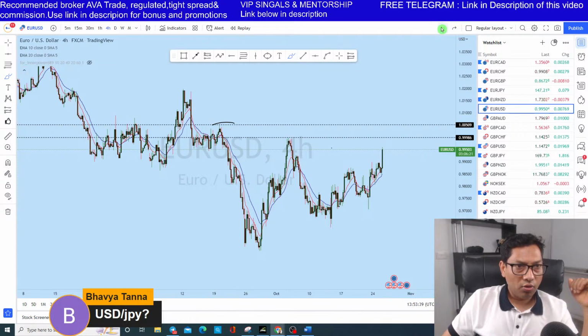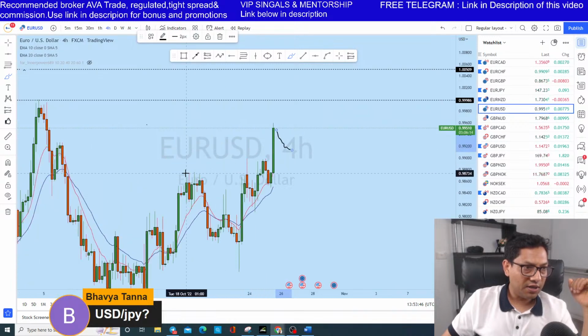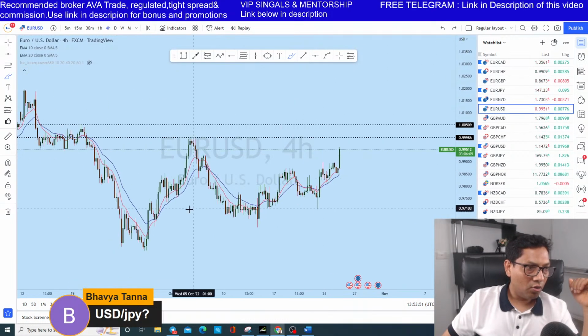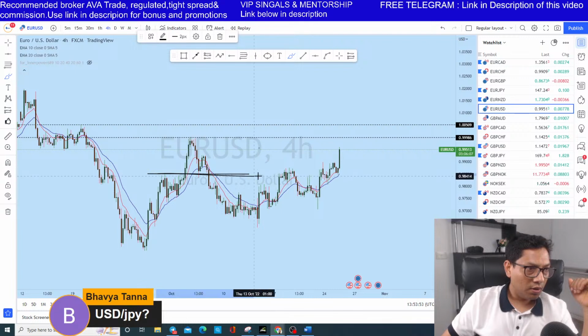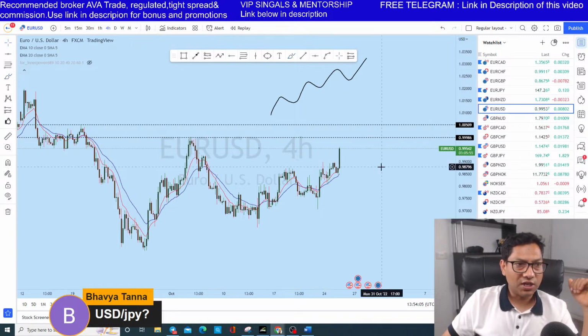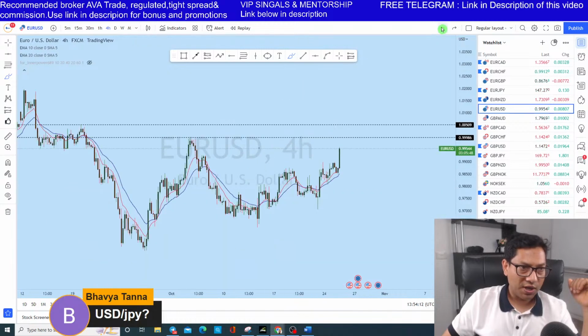For now, if we see smaller candles being created testing this, see, when there is a false breakout, normally it doesn't test the previous swing high. That means the price doesn't follow the bullish market structure of a series of higher highs and higher lows. It doesn't follow it when there is a false breakout.